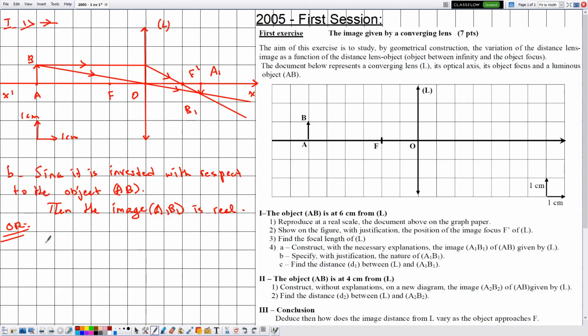Okay, since the object AB and the image A1, B1 are on opposite sides, then the image A1, B1 is real.